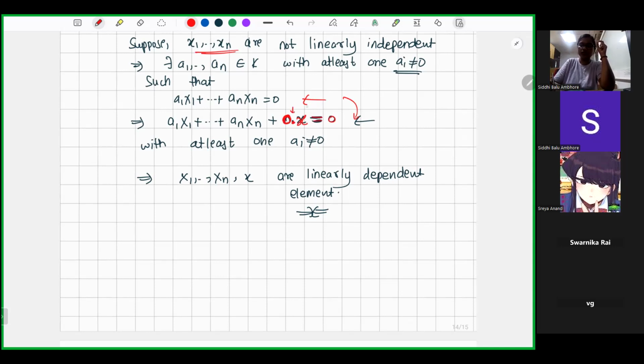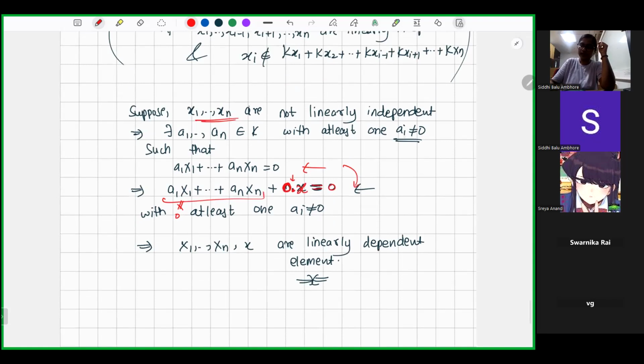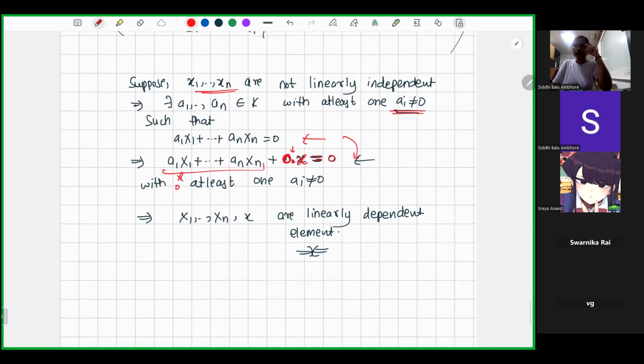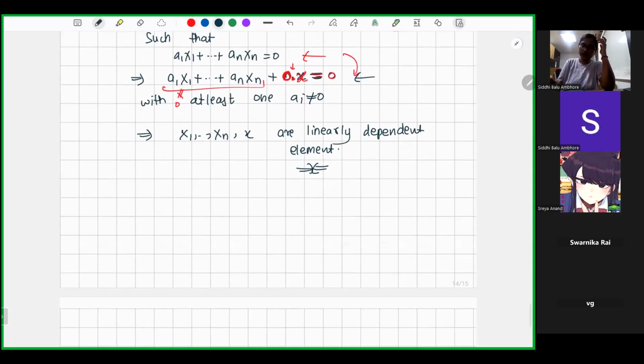I'm just adding 0 times x, and the resultant expression is still giving me 0. But one of the coefficients is non-zero from the assumption I made, that it is not linearly independent. Therefore our supposition is wrong.